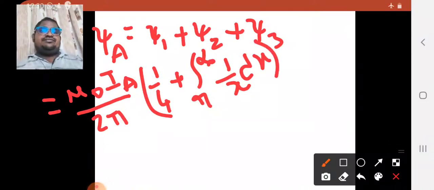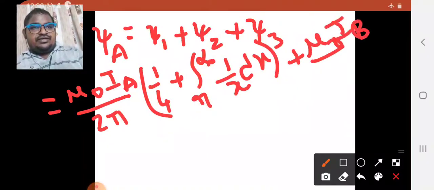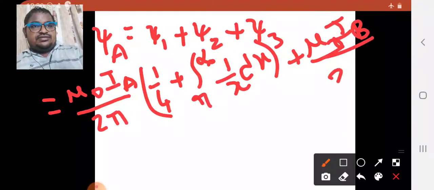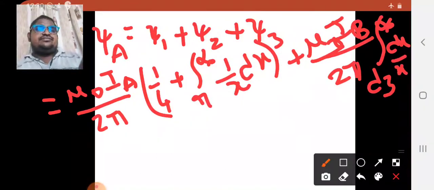And what is psi 2? Mu naught into IB by 2 pi into integral d3 to infinity dx by x.